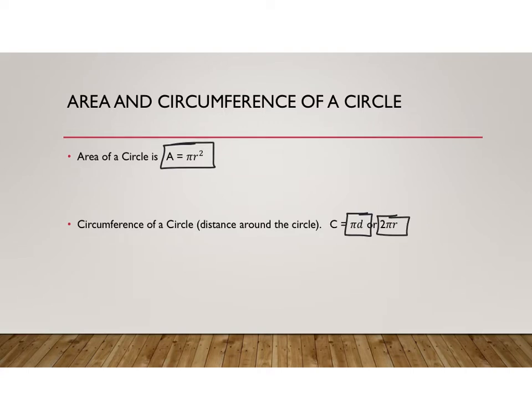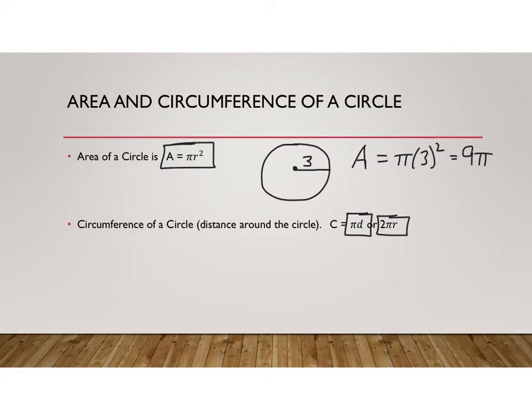All right, so for example, if I have a circle, that's not the best looking circle there, and let's say my radius is 3 units, then the area of this is pi times radius squared, pi times 3 squared. And we could write that as 9 pi. That would be the exact answer, in square units.